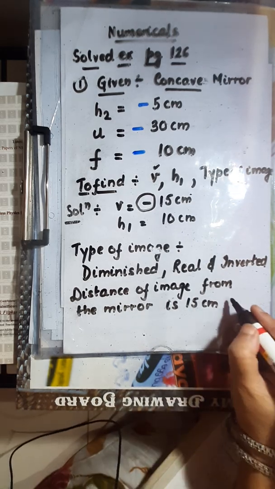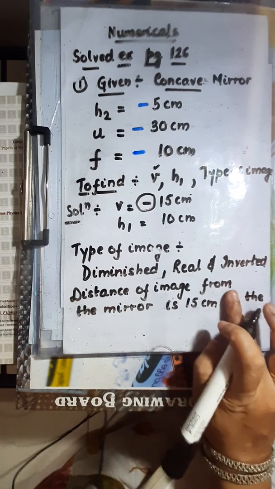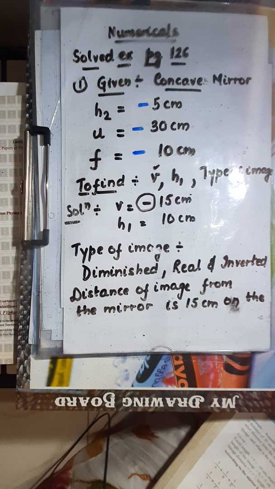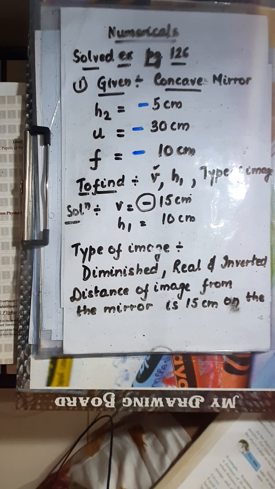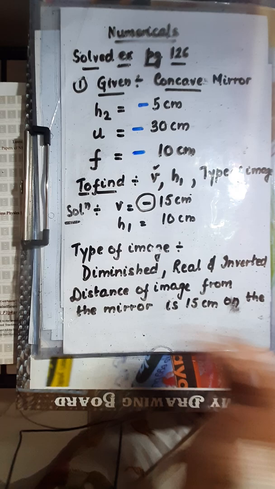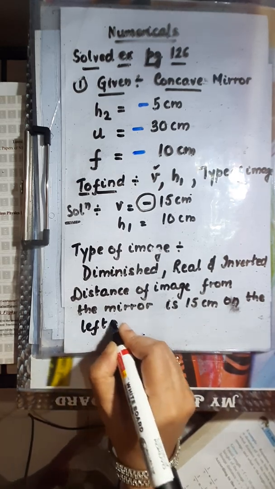Now we will write on the left or right. Now which side does it have to be placed? Negative 15, right? So therefore on the left of the mirror.